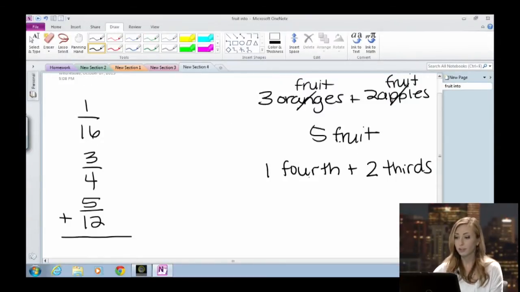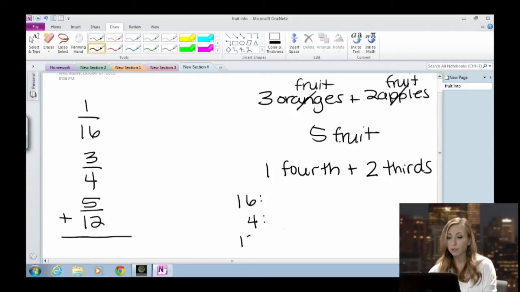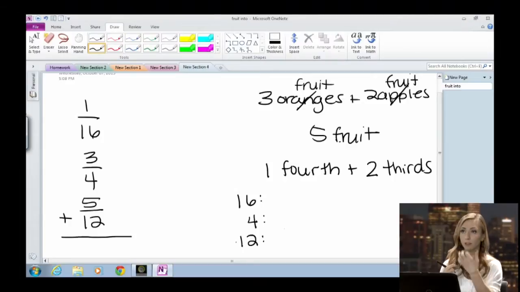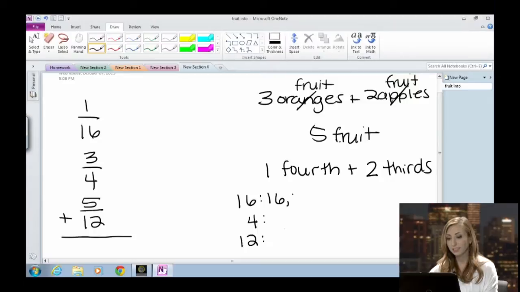To find common denominators, or what we're going to make those denominators into so that we're allowed to add them together, we're going to list the multiples of each denominator. The reason we do that is because we want to find a common number between the three that we can make all of their denominators into. So in this case, multiples of 16, and multiples are just skip counting by that number.